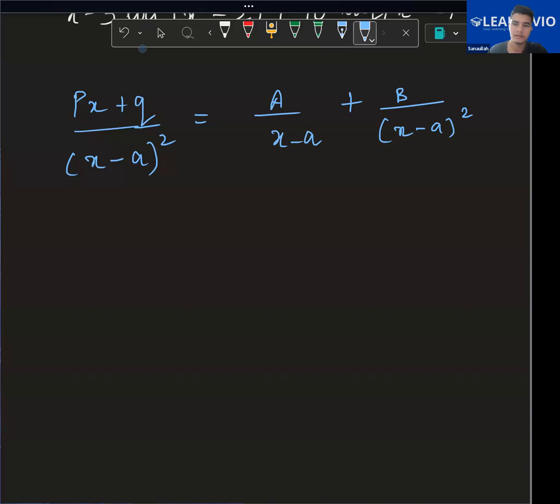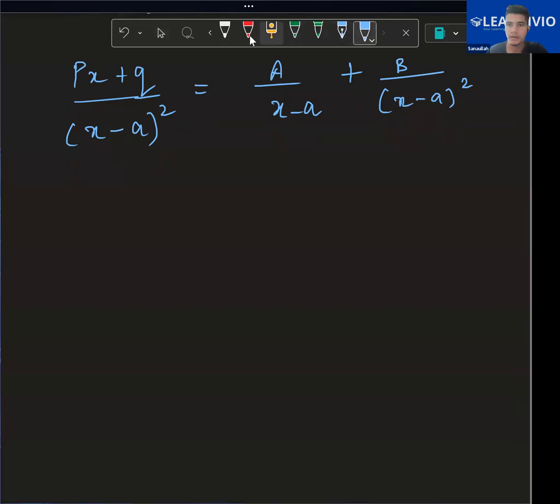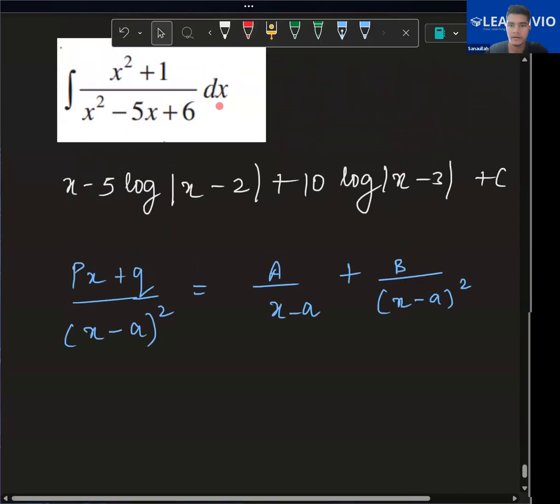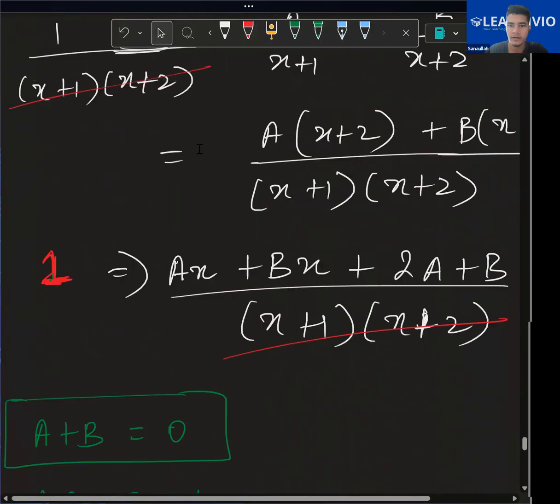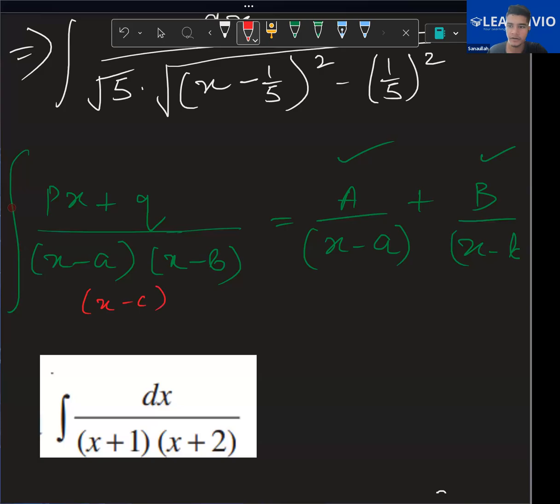This is done. You have a square on the complete thing. This happens when you have a square over the whole equation. And you have other cases also. Now you know that if you have power 1 in the denominator and there is one more factor, let's say x minus c also here, you will just have to add one thing, c upon x minus c, that's it.